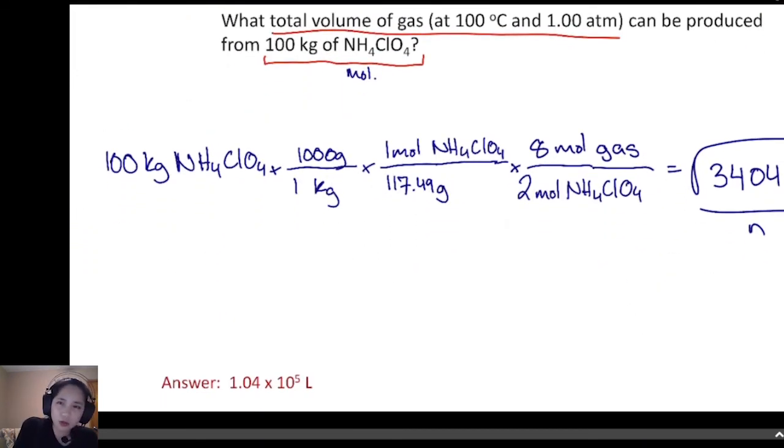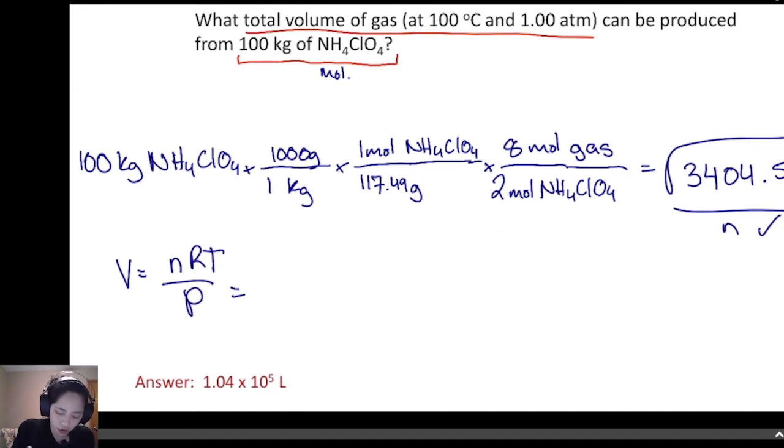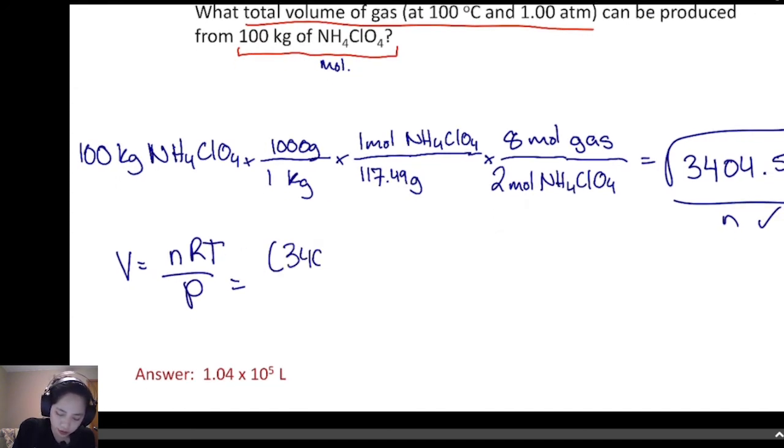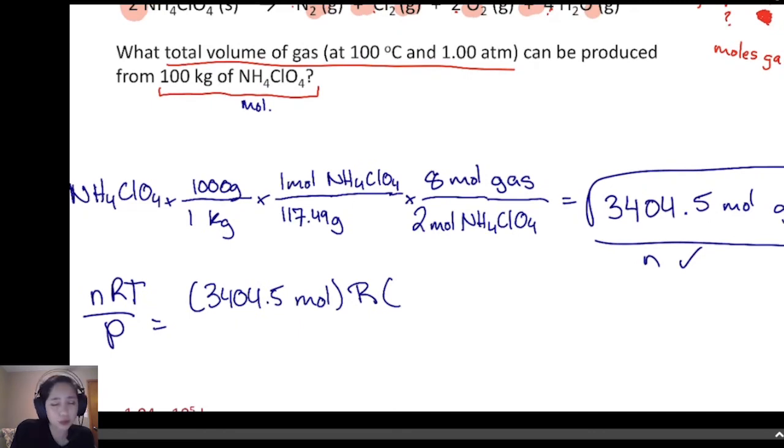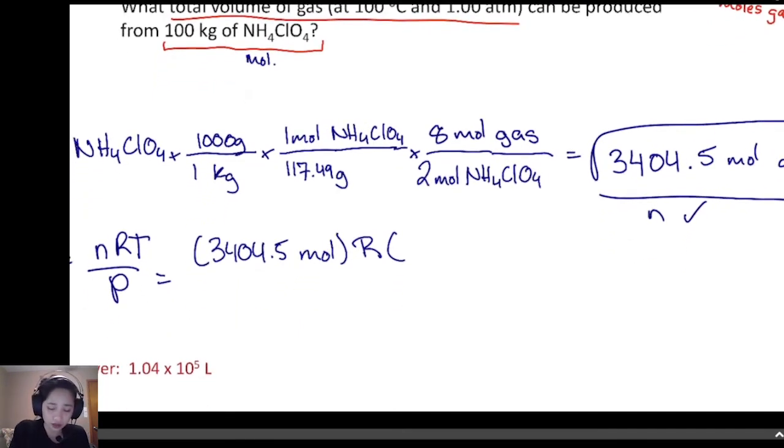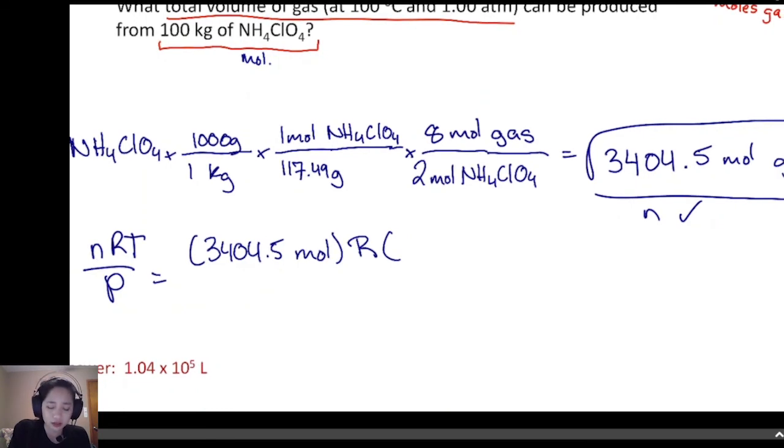So remember, PV equals nRT, but we want V, right? What volume? Yep, so nRT over P. n, we just got that. 3,404.5 moles times R times temperature, which is 100 degrees. So pretty hot. I mean, it's pretty hot in a rocket, I'm assuming, especially near the propellant and the fire.